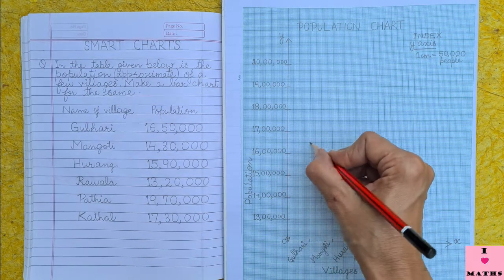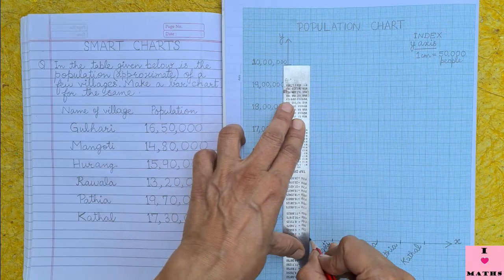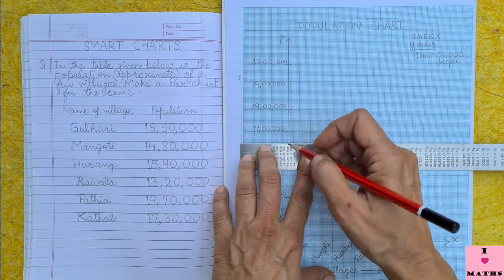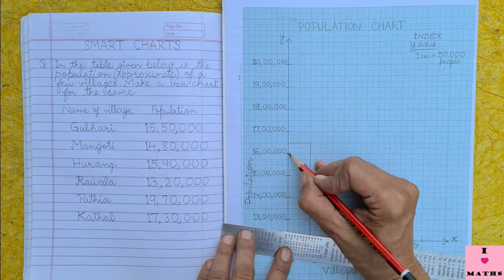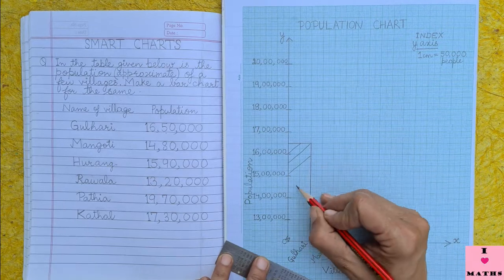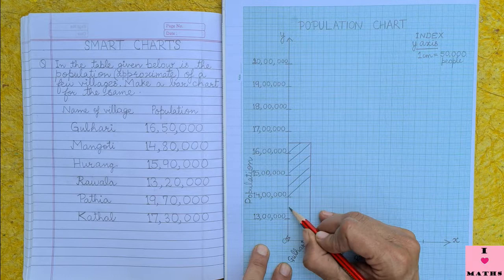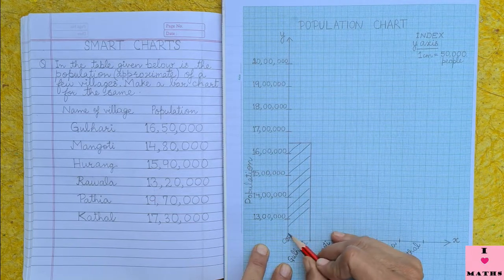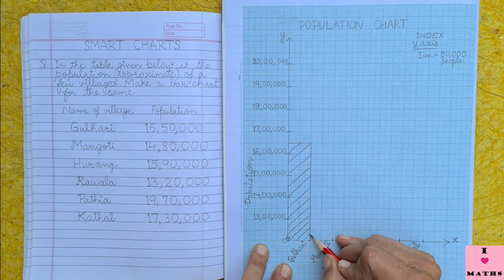So I am going to draw my line here, and this bar shows that Gulhari has 16 lakh 50,000 population, and I can shade this graph like this. To demarcate it from other bars, I have shaded this bar like this.